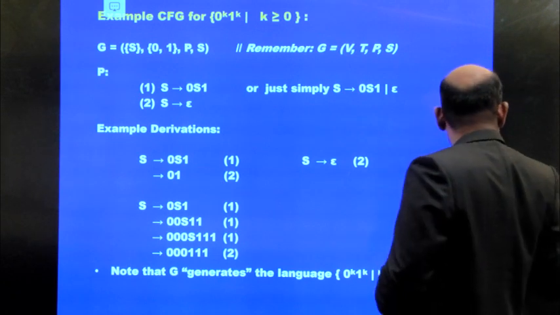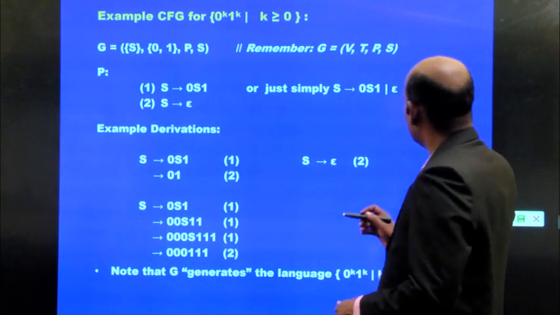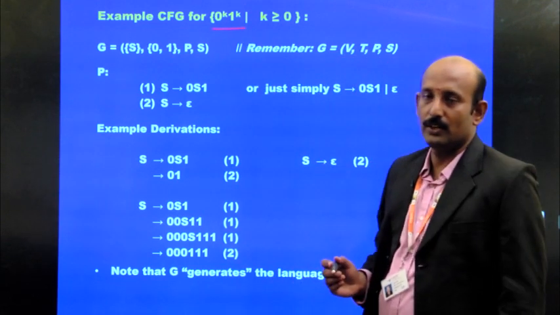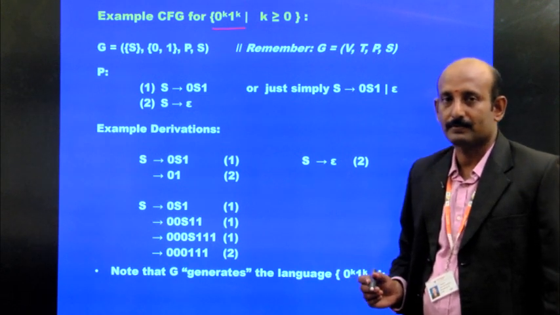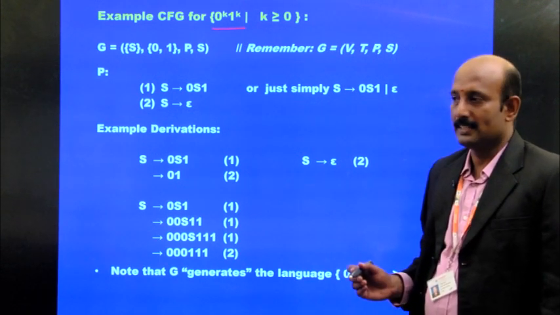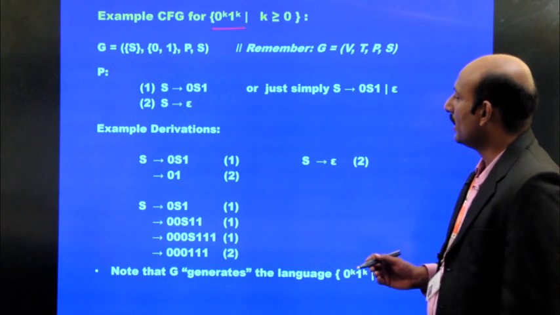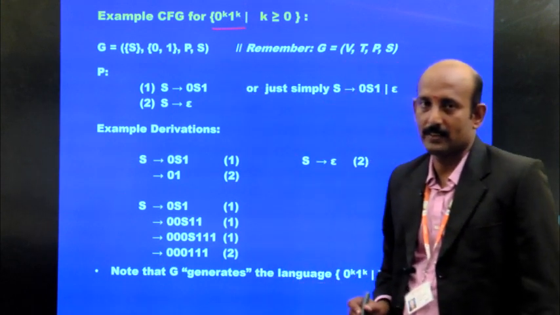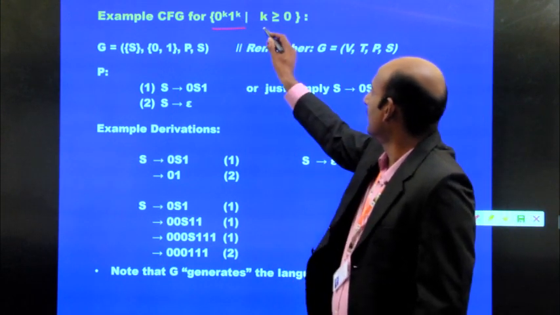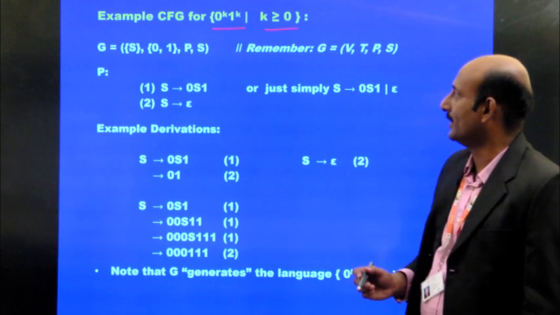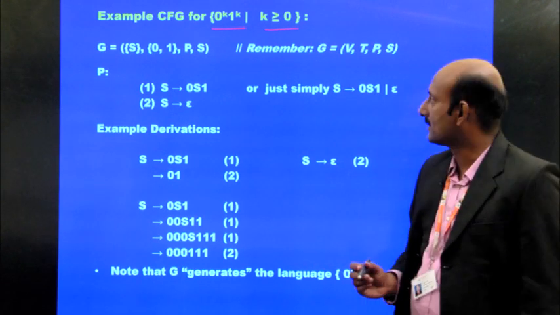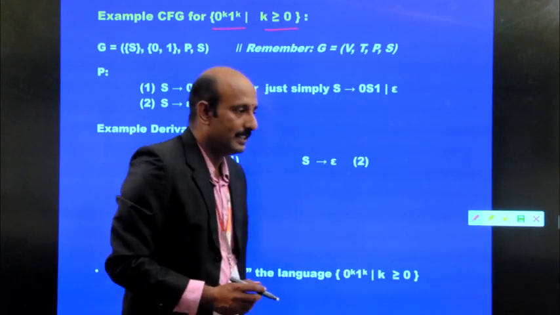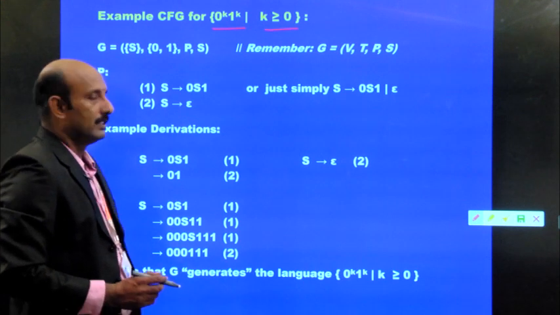What is the language given? The language is the set of strings 0 power k, 1 power k, where k is greater than or equal to 0. Now we have to write this language in grammar format.